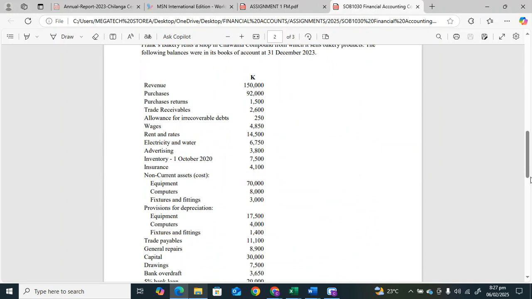The purpose of the trading account is to find out their gross profit. All right, you want to find out the company's gross profit.